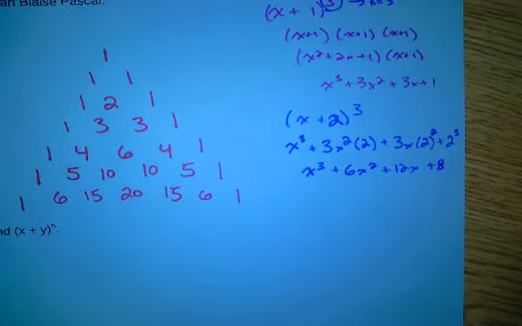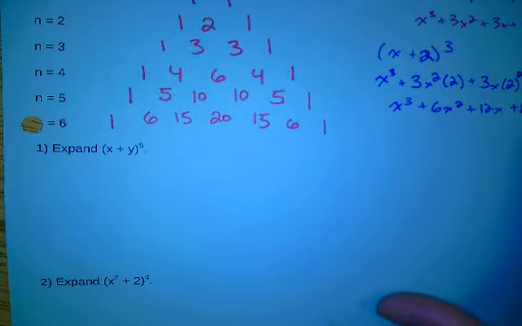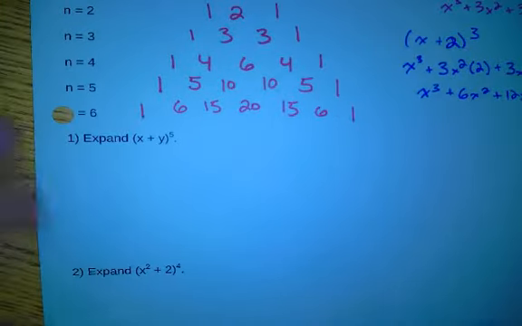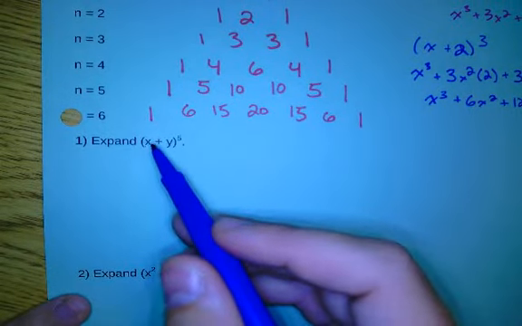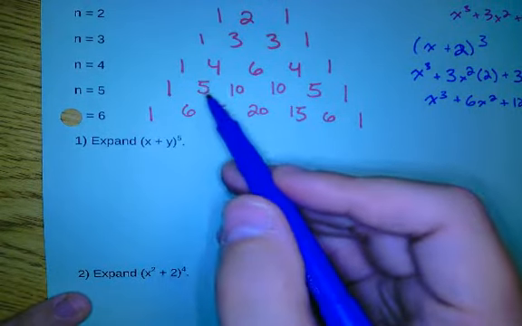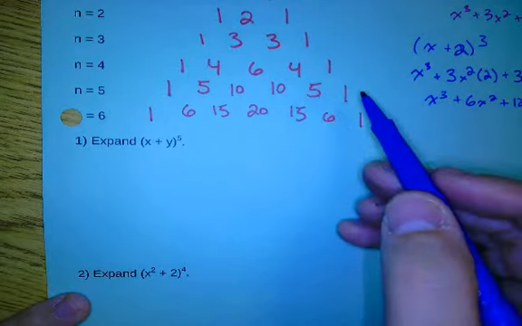Never again do you have to say, oh no, I have to distribute twice, or 3 times. No. Let's take these ideas and start number 1. Which row am I using for number 1? 1, 5, 10, 10, 5, 1.